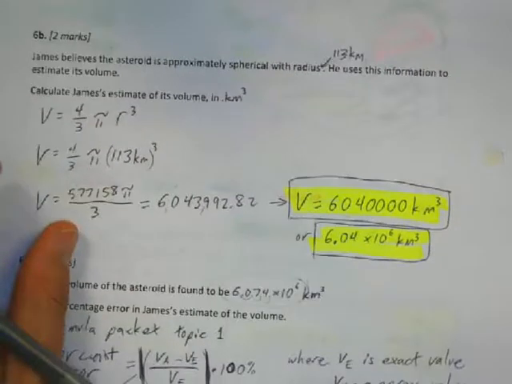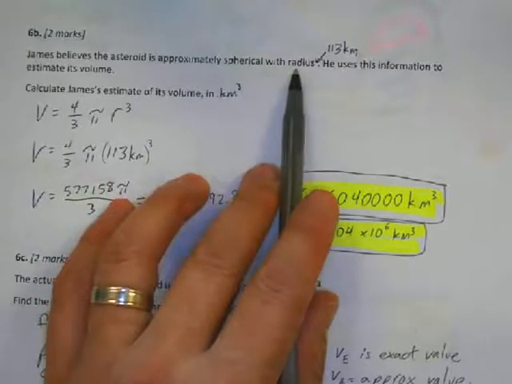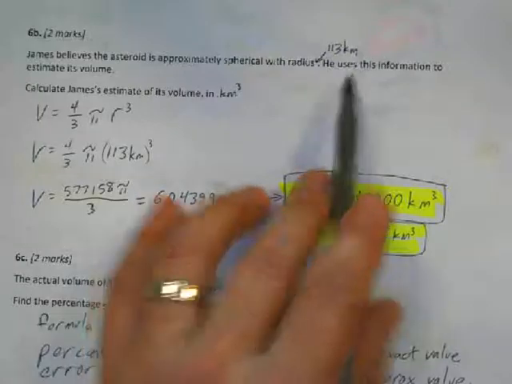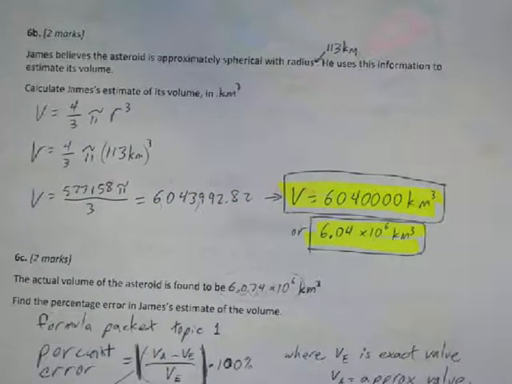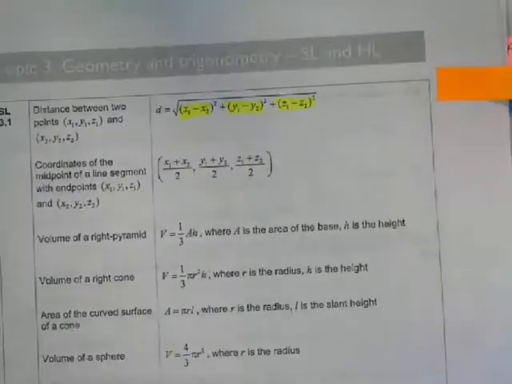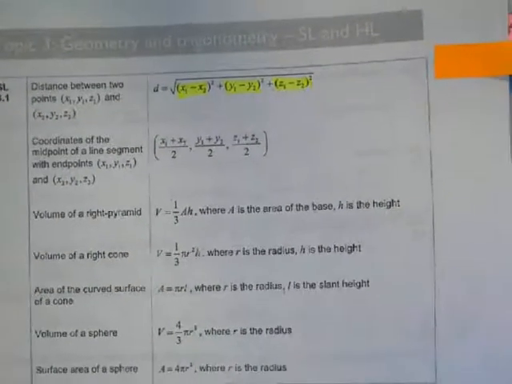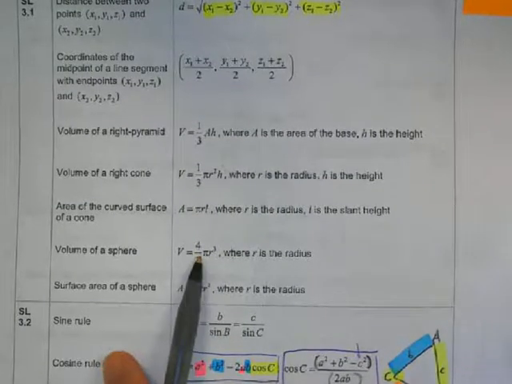Okay, so James believes the asteroid is an approximate sphere with radius 113 kilometers and uses this information to estimate the volume. So I can use, once again, my topic 3 page of the formula packet, and the volume of a sphere is 4/3 pi r cubed.